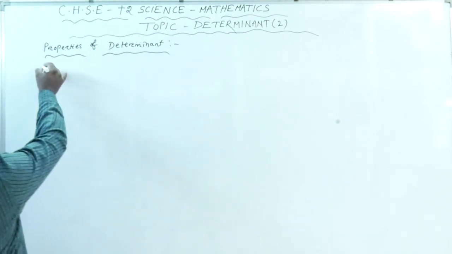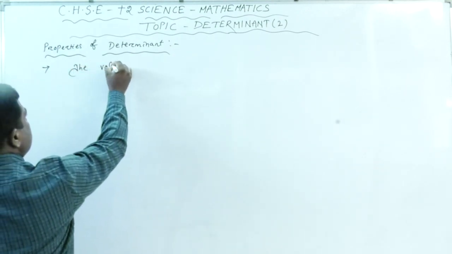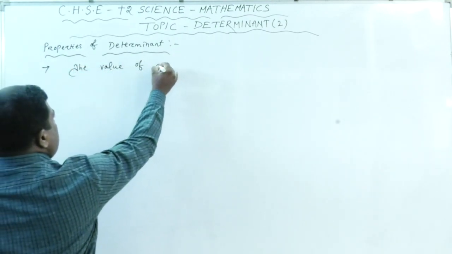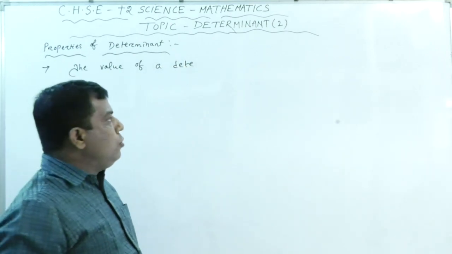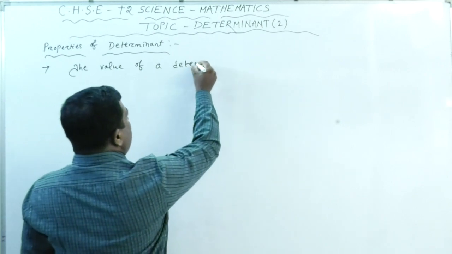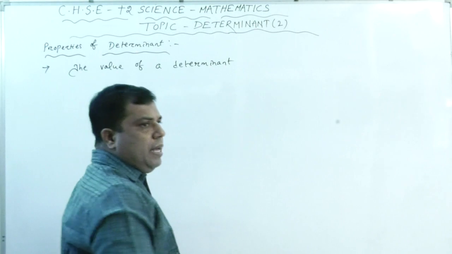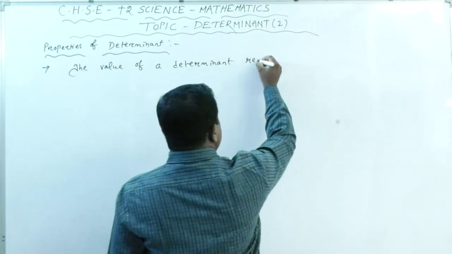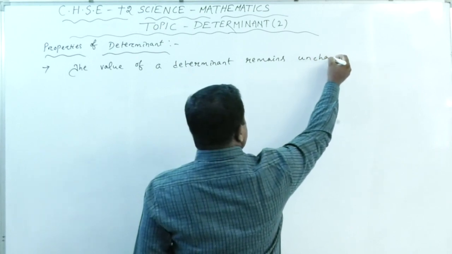So the first property says: the value of a determinant, dear students, please make note of those properties, the value of a determinant remains unchanged.